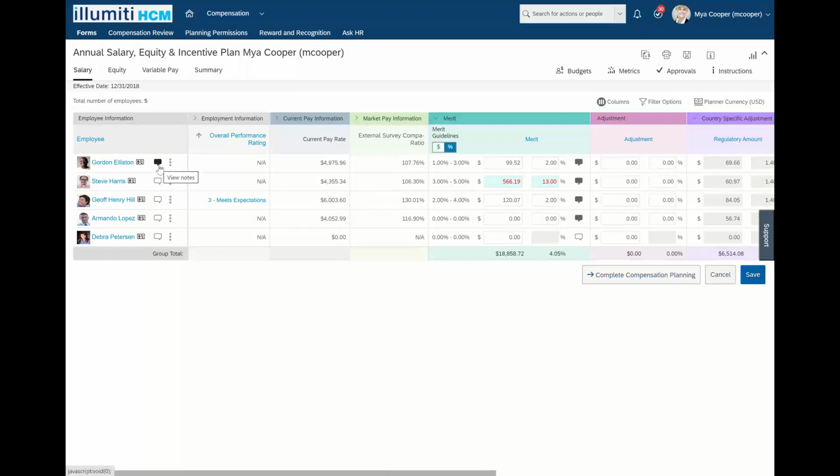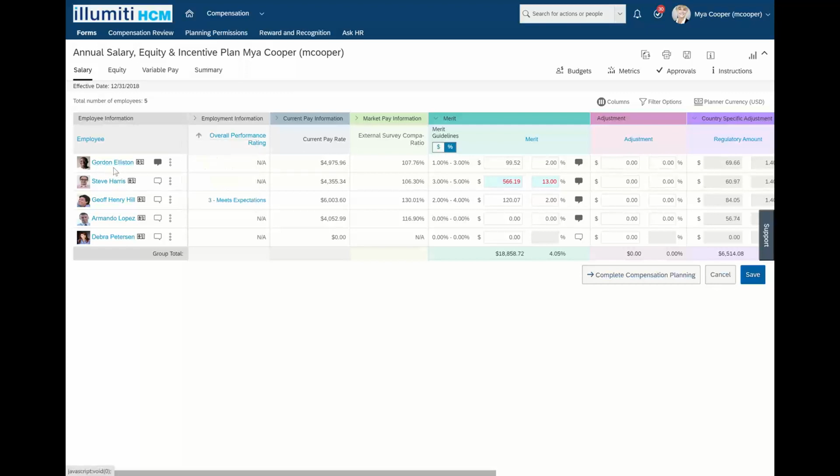Any notes that I as a planner have entered or any other planner has entered can be viewed here. But then I have quick links to go in and look at a profile, some of their performance achievements, perform a promotion activity, or look at their placement in a 9-box. So just some quick hyperlinks to supporting information to help me walk through this process.